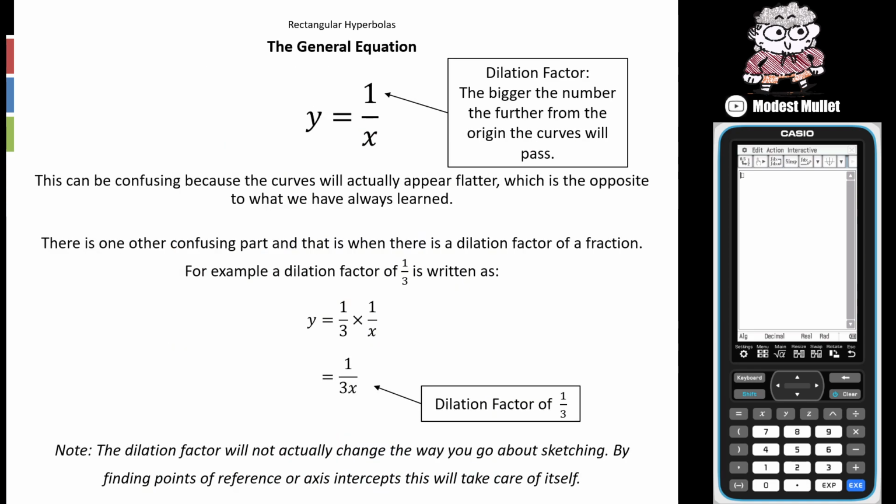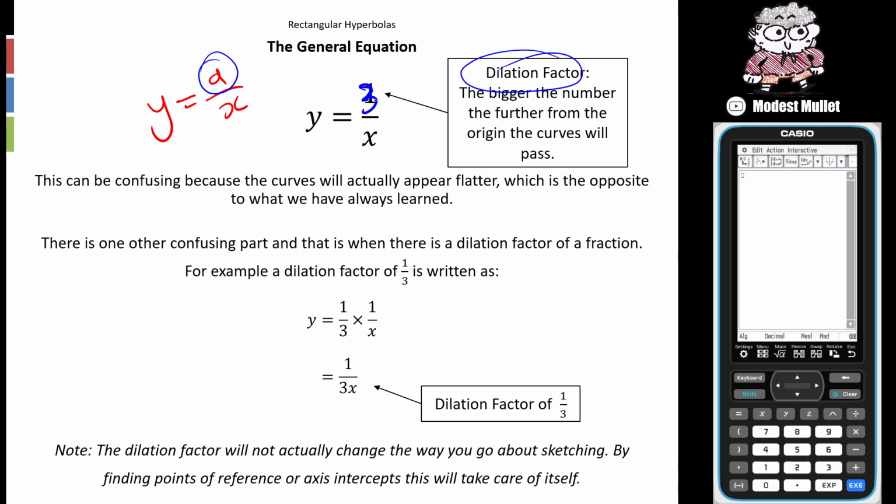Okay, so the general equation is y equals 1 on x, or really we can think of it as y equals a on x, where a is our dilation factor. What you need to think of is what happens if this a was 3.